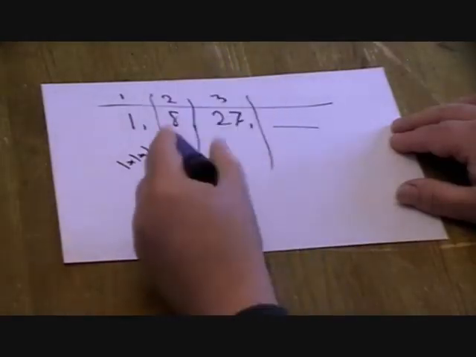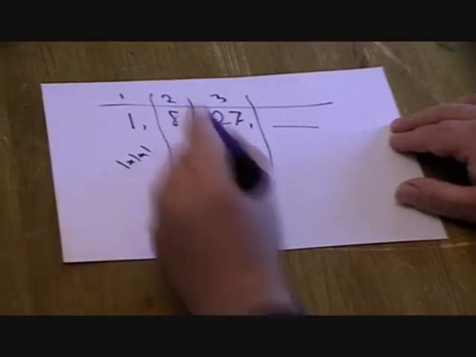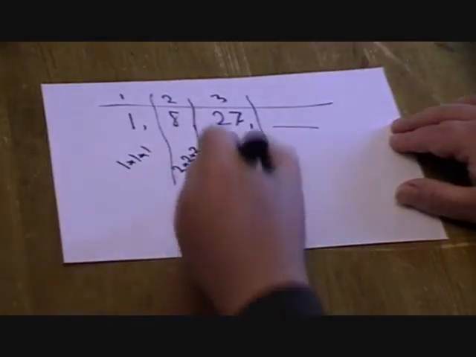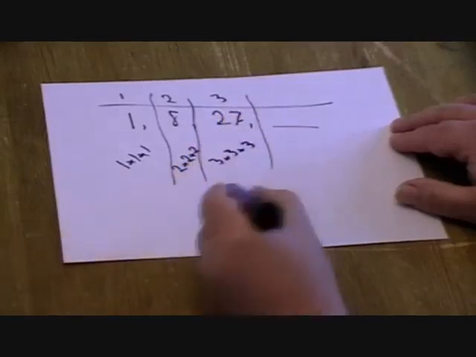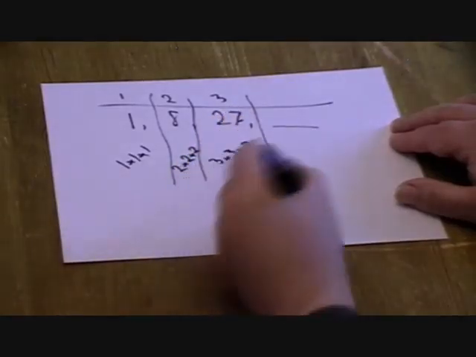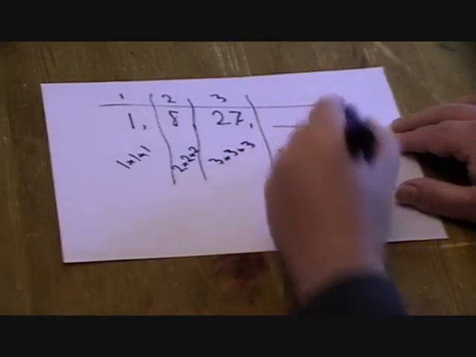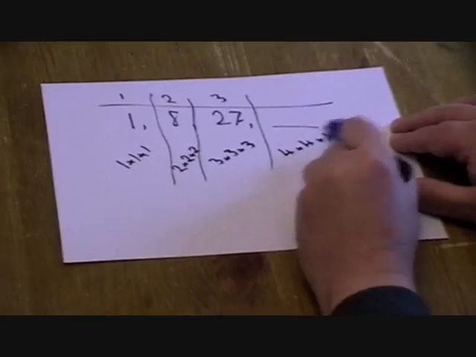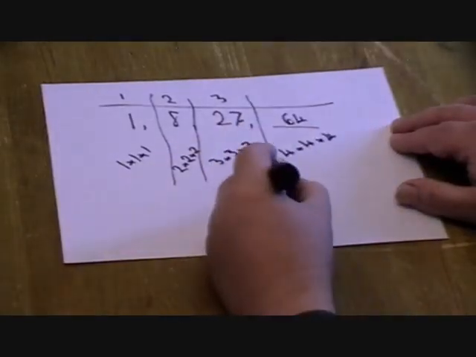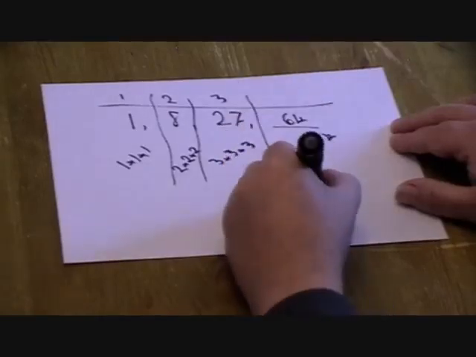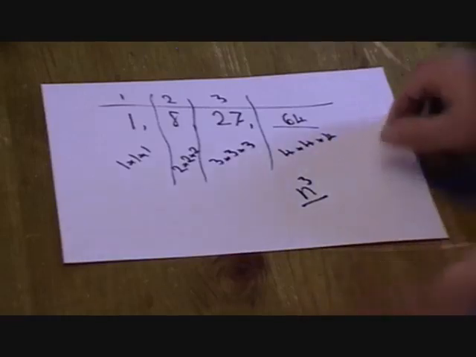To make 8 out of 2, I'm going to go 2 times 2 times 2, which gives me 8. Therefore 3 times 3 times 3, 27. 4 times 4 times 4, 4 times 4 is 16, 16 times 4 is 64. So this requires a knowledge of cubes.